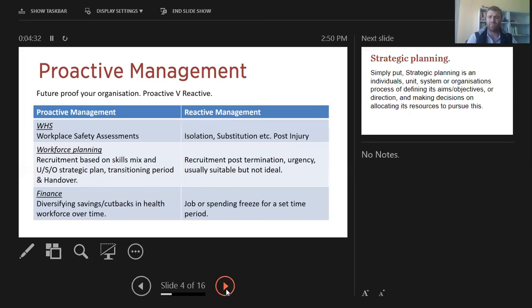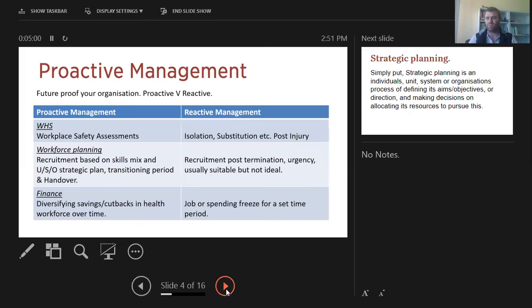Workforce planning is something we're going to get into quite significantly in a minute. With recruiting, a proactive approach is to look at your staffing and skills mix, and recruit a position based on the particular skills mix of your staff and what you need, around the unit, the organisation, and the particular subdivision, and their strategic plans.